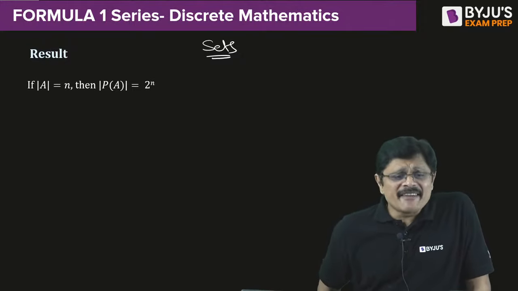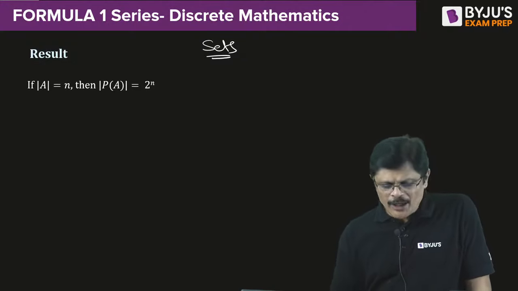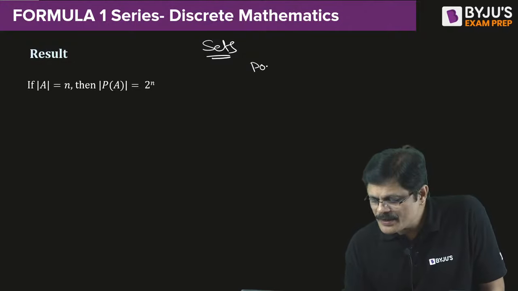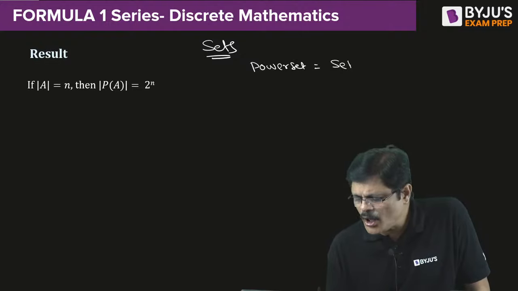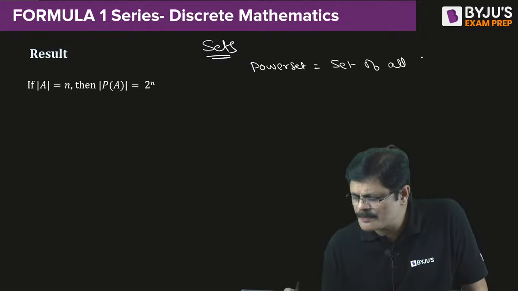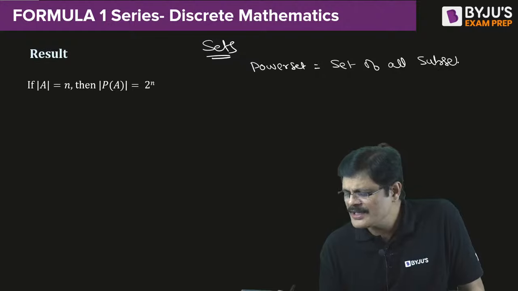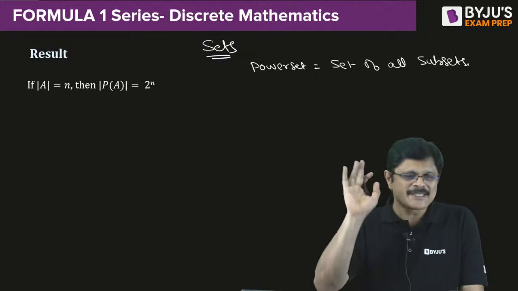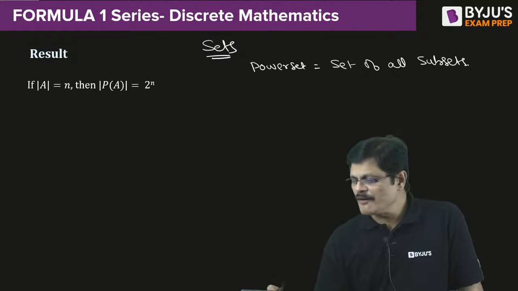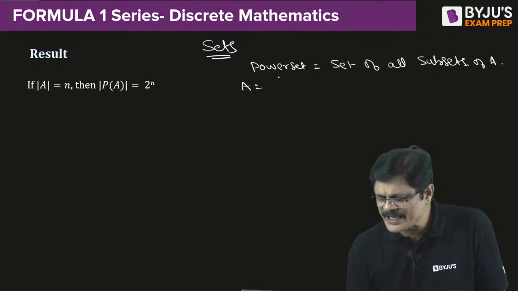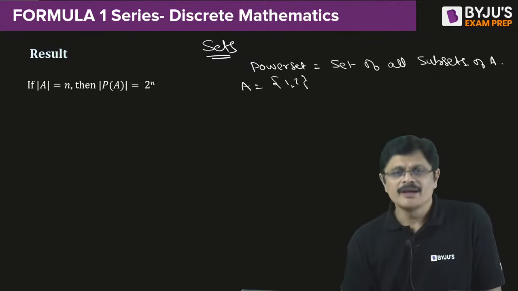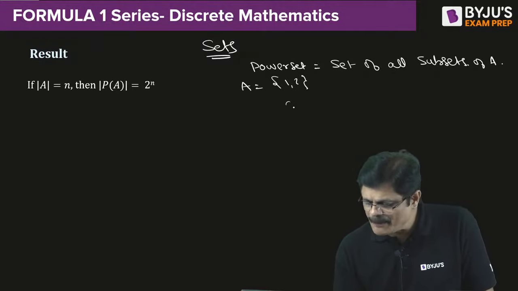Now, set. Suppose a set has n elements. You all know power set. What is power set? It is the set of all subsets of a set. For example, A is 1, 2. What are the subsets, my dear friends? The empty set is a subset.